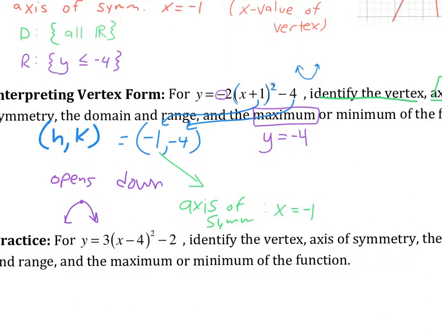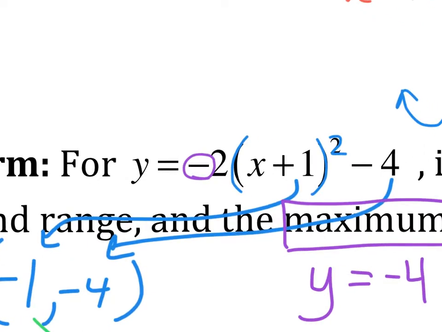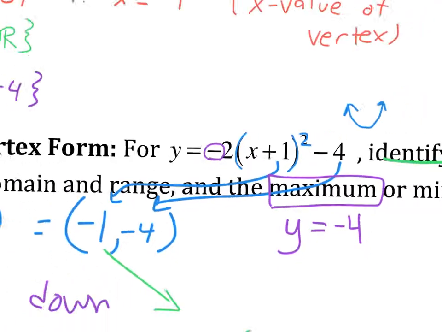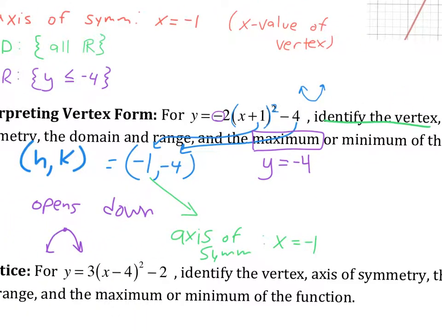There's one other feature that I haven't mentioned yet. If I were to describe it, does it stretch, compress, or stay the same? It does stretch by a factor of 2. In other words, it gets a little bit tighter as it flips upside down.